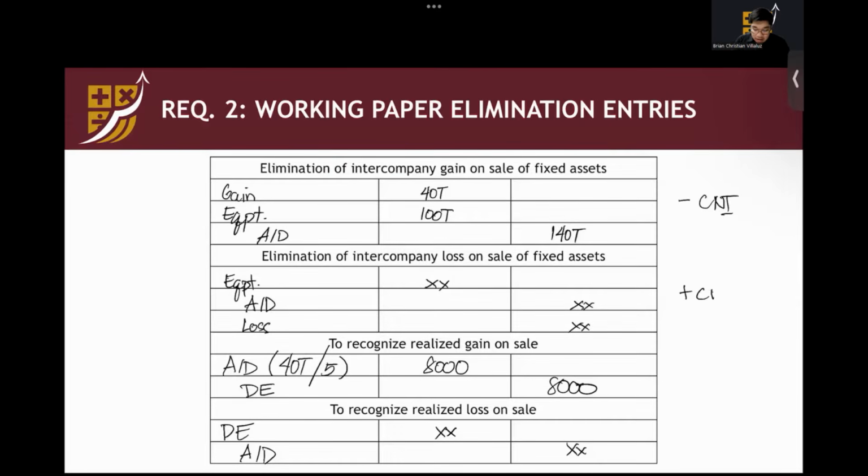Tataas siya. Correct? Ayan. Tapos, pag nag-recognize tayo ng realized gain, ano mangyayari sa conso net income natin? Siyempre, tataas. Okay? Then lastly, pag nag-recognize tayo ng realized loss, bababa yung conso net income natin. Do you follow? Okay? Next.